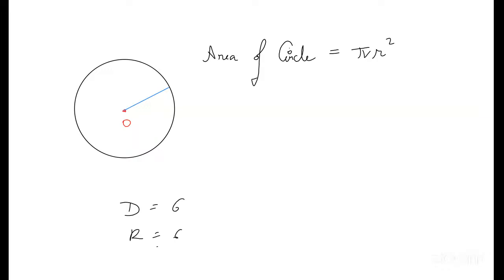Radius will be 6 by 2, that is 3. Radius square will be 3 into 3, that is 9 centimeter. Now put it in the formula, 22 by 7 into 9, and find out the area like this.